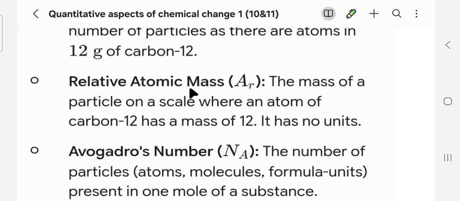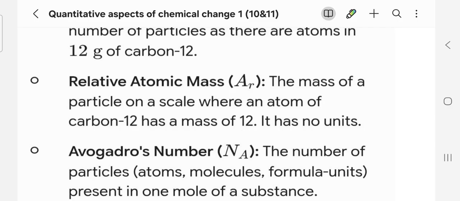Most of the time when we see mass, we think mass is measured in kilograms, but the relative atomic mass will not have a unit, and it is pretty much the mass of a particle on a scale where an atom of carbon-12 has a mass of 12.